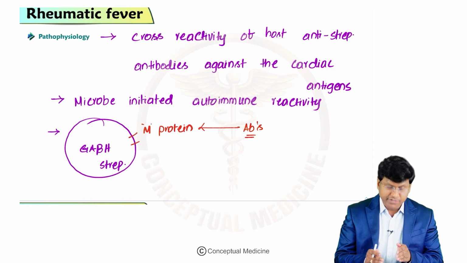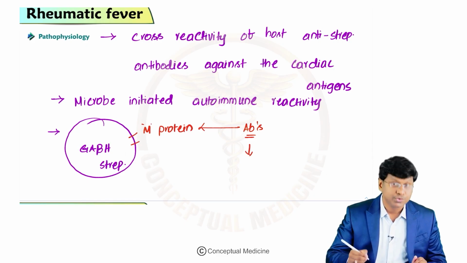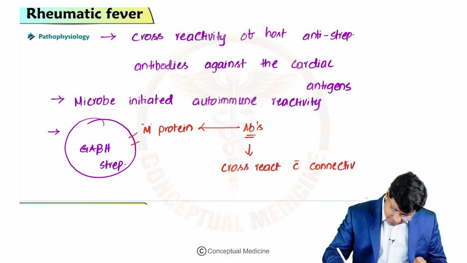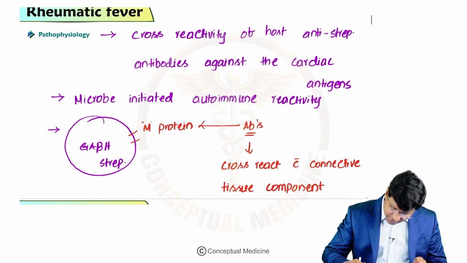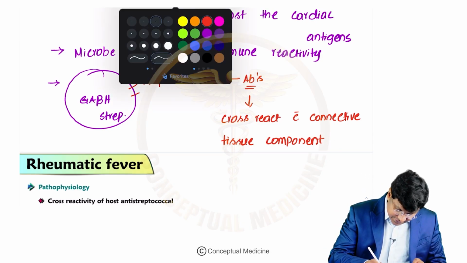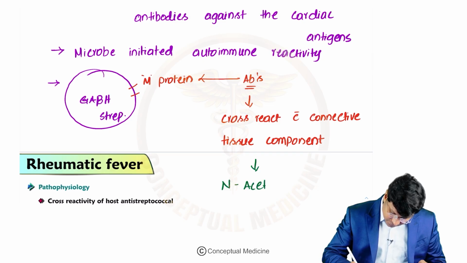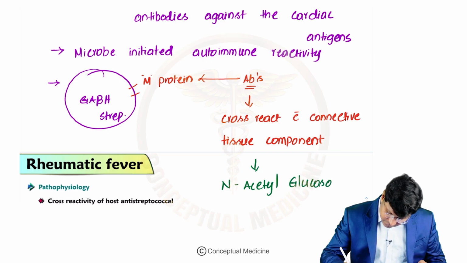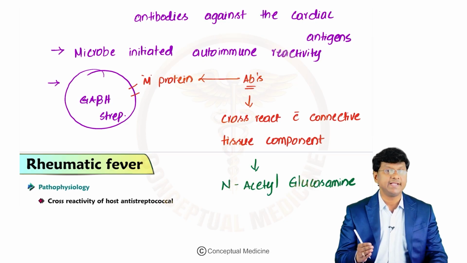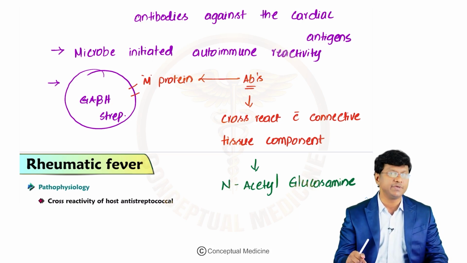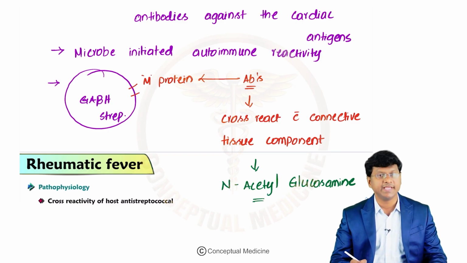The antibodies formed against the M protein cross-react with a connective tissue component of the same individual, that is N-acetylglucosamine.